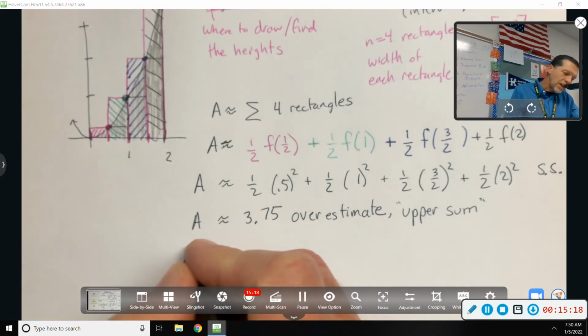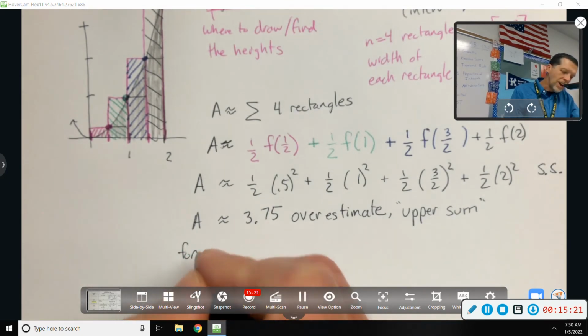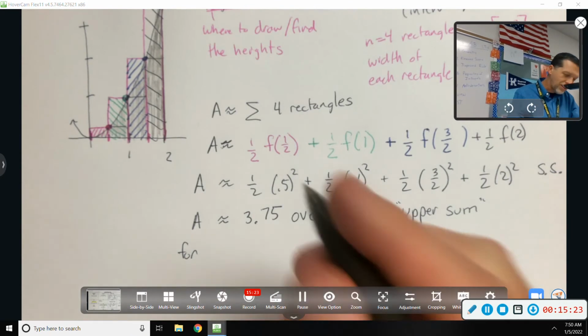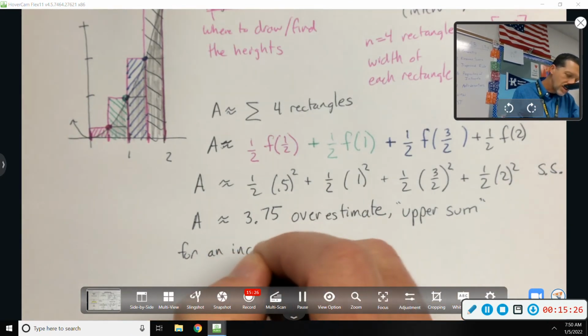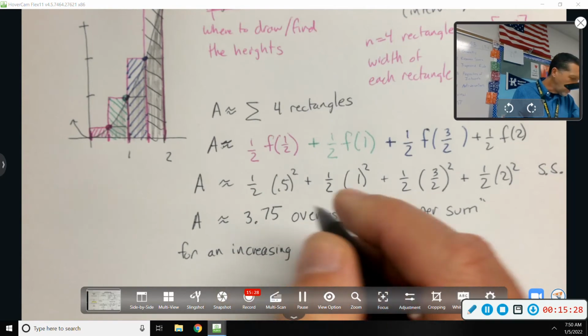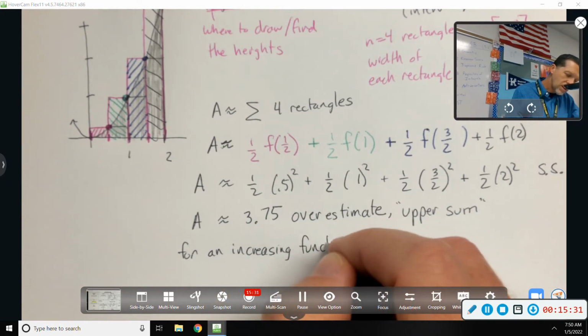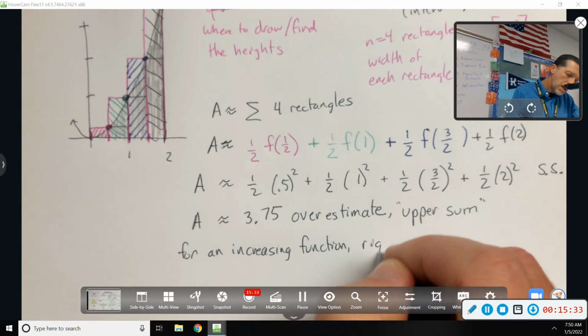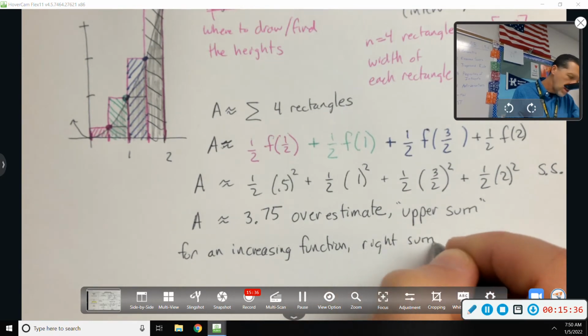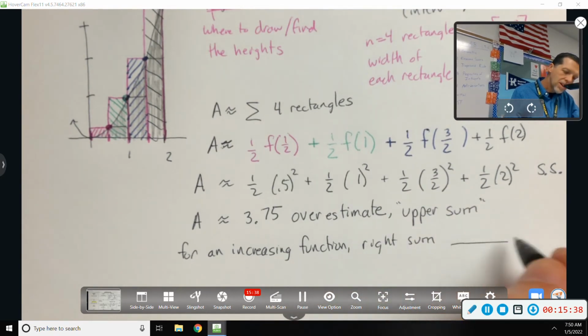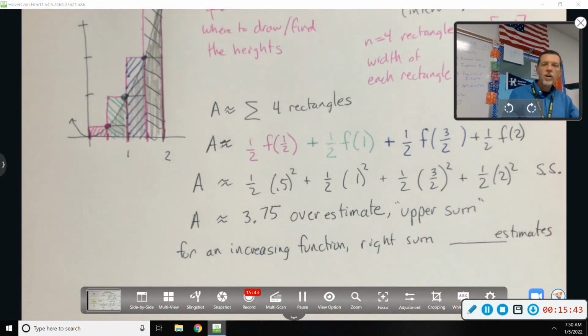Now, this next statement, don't memorize. This is one that you figure out each time that you need it. For an increasing function, the right sum over or underestimates? For an increasing function, which is what we have, it overestimates. Because if you're increasing and you're taking the right-hand sum, you'll always be taking the bigger number.